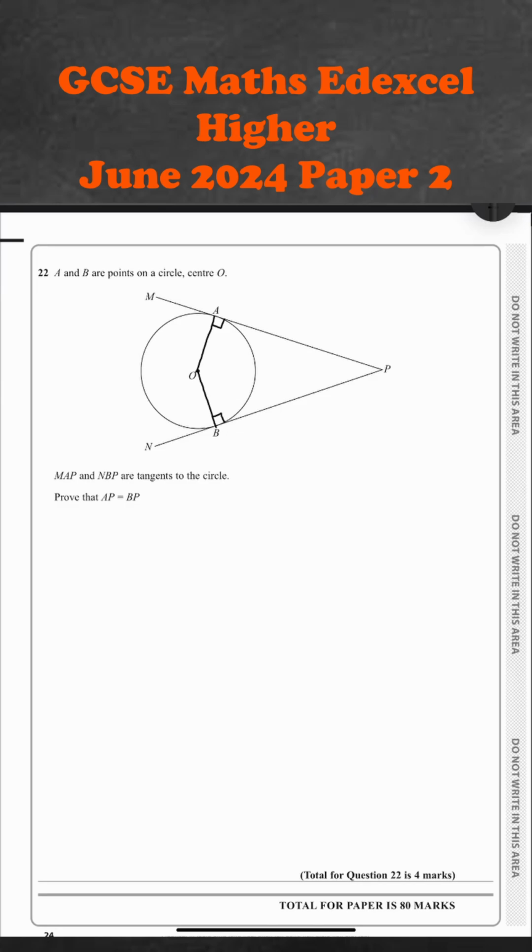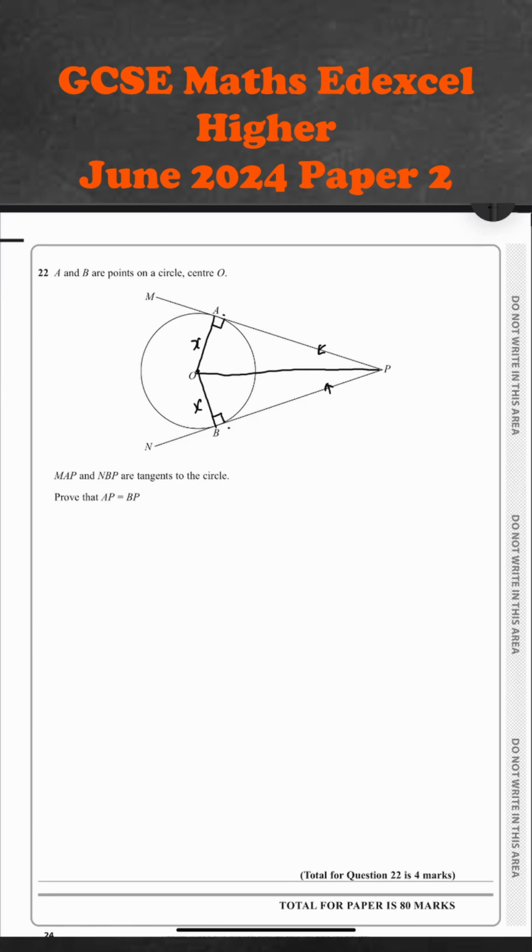Then what we're going to do is draw a line to OP, to make 2 triangles, this one and this one. We know that that's 90 degrees if we've already drawn it over here and down here. We know that OA and OB are equal because they're both the radius of the circle.